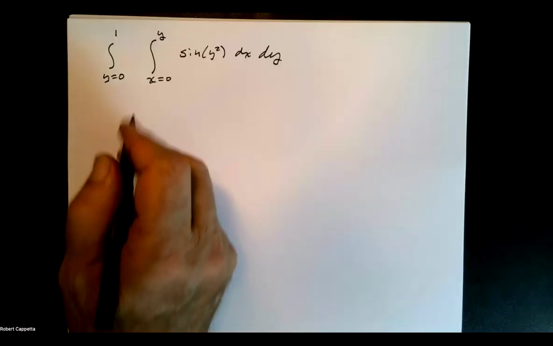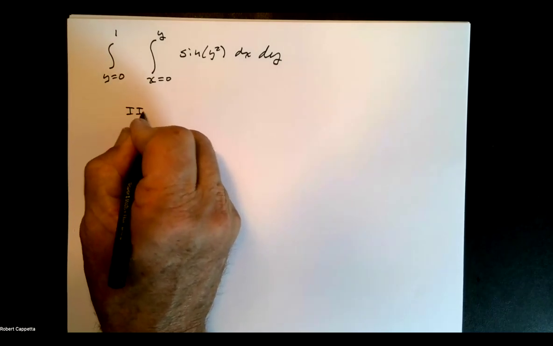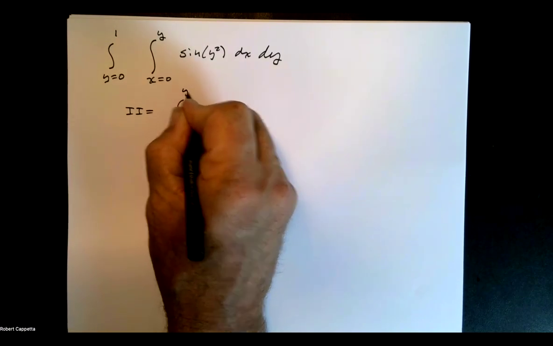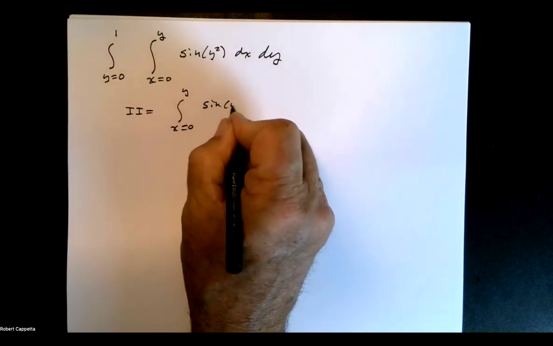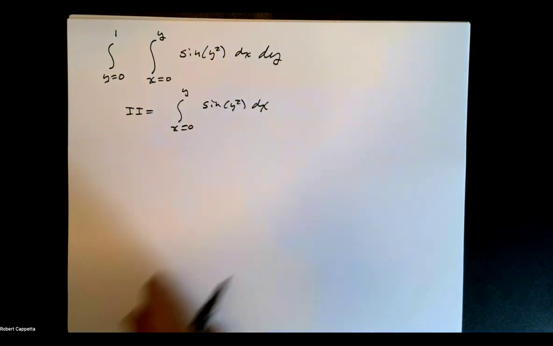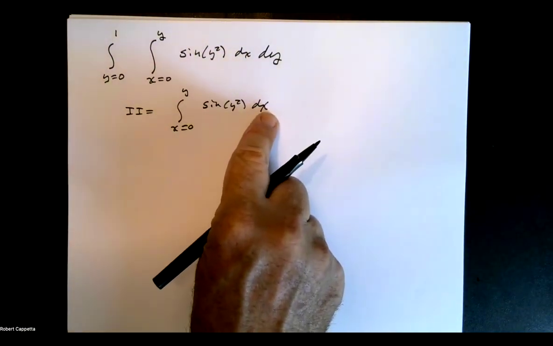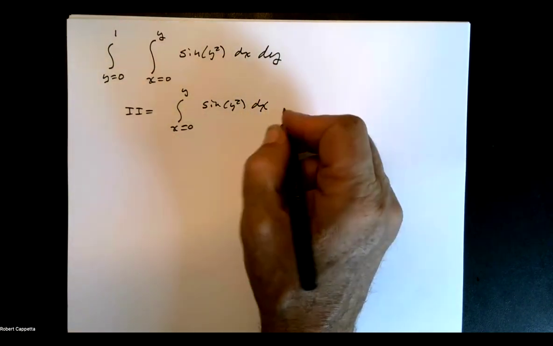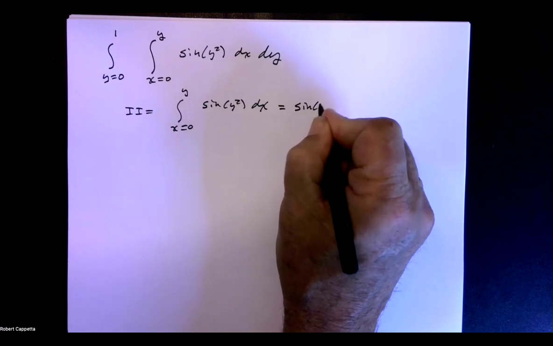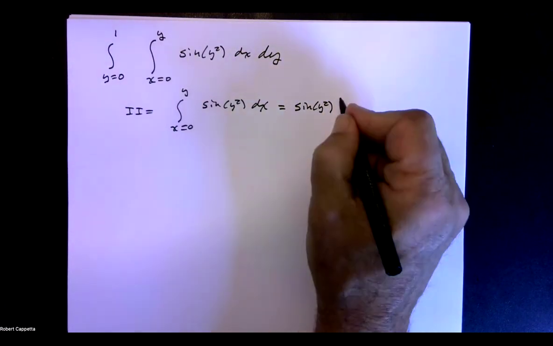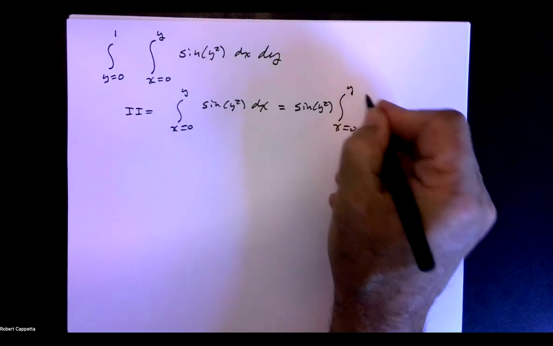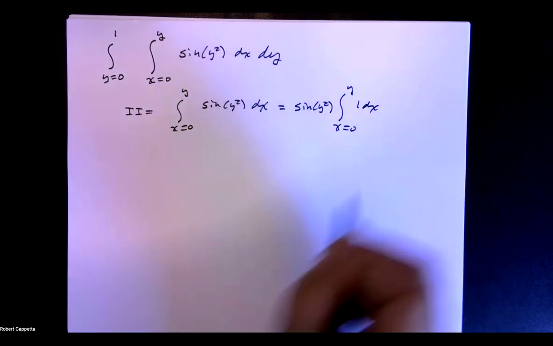The first thing I do is work on the inner integral, which is the integral as x goes from 0 to y of sine y squared dx. Now, the thing here is x is perceived as the variable, so any function of y is perceived as a constant. So that can be moved out in front: sine y squared, then the integral as x goes from 0 to y of 1 dx.